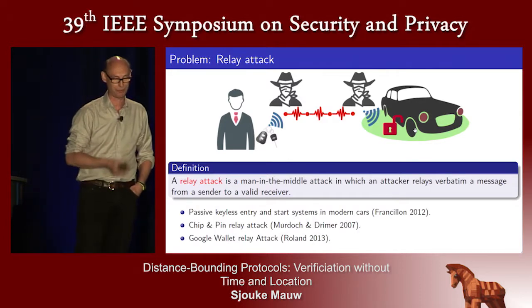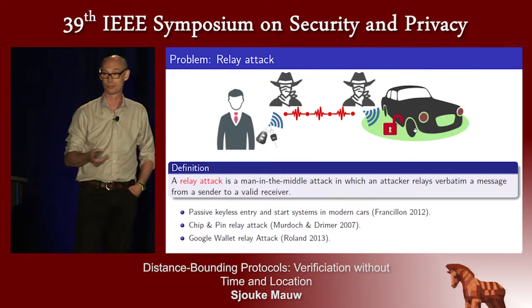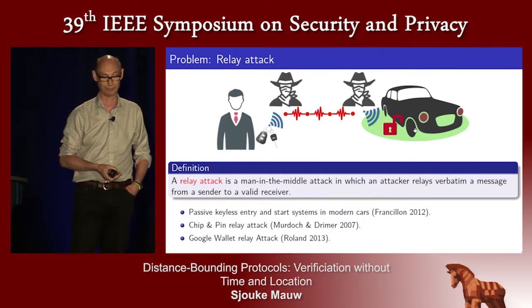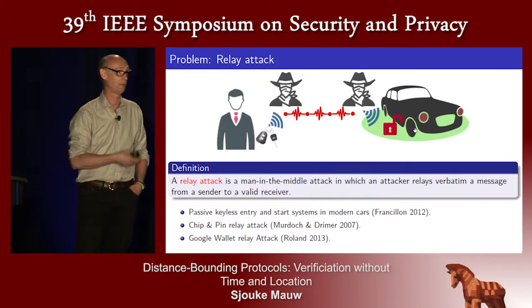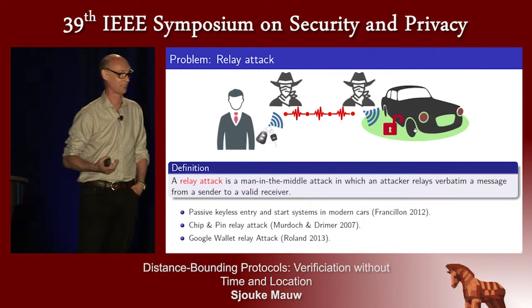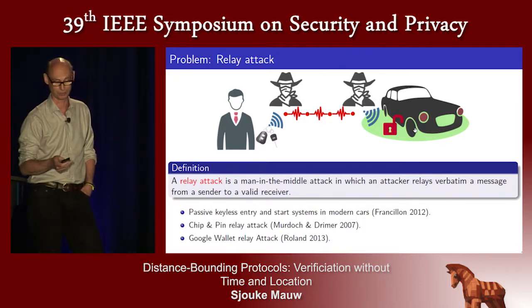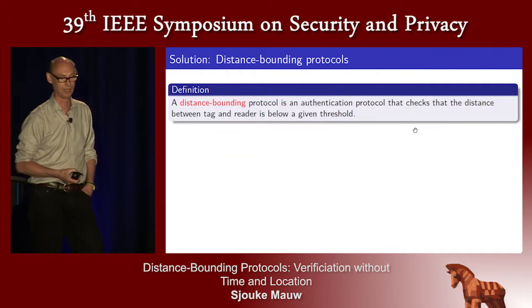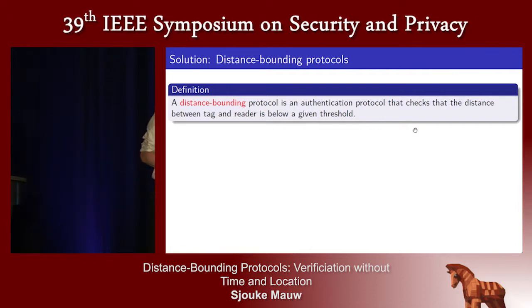These kinds of attacks have been proven in practice, not only on cars, also on your smart card payments, where Murdoch and Drimer in 2007 proved that you can fool somebody into thinking that he's buying a package of cigarettes, while in fact he is buying a diamond and somebody else is taking the diamond away. So that's also a kind of relay attack, and also a Google Wallet attack that was reported in 2013.